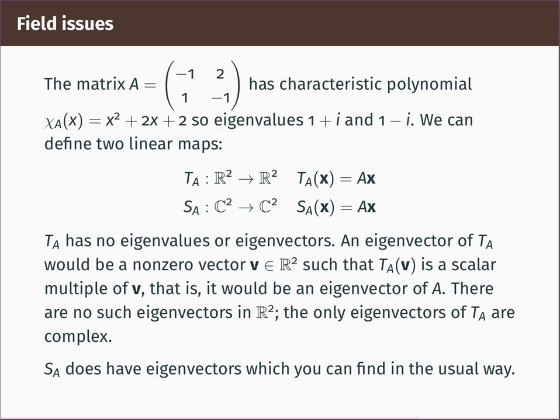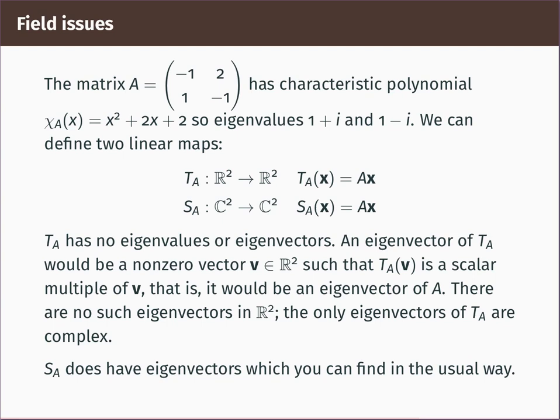We have to be slightly careful about fields and about which field the vector space we're working with is a vector space over when we talk about eigenvalues of linear maps. So I'll explain why that's the case in an example on this slide. We're going to take A to be this 2 by 2 matrix.